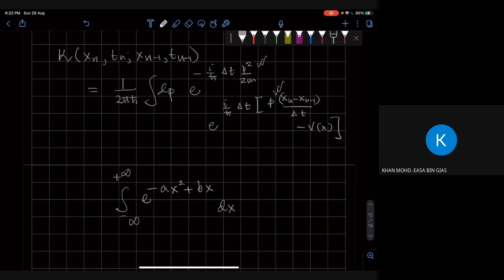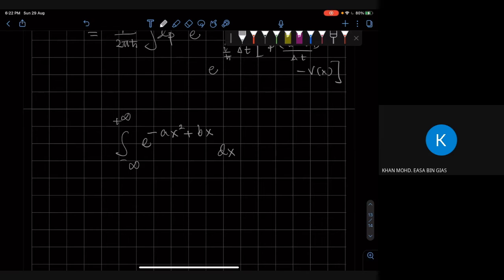Then we can change the integration variable, shift it, and again use the Gaussian integration result. And then we get this result, e to the power b squared by 4a times square root of pi over a.